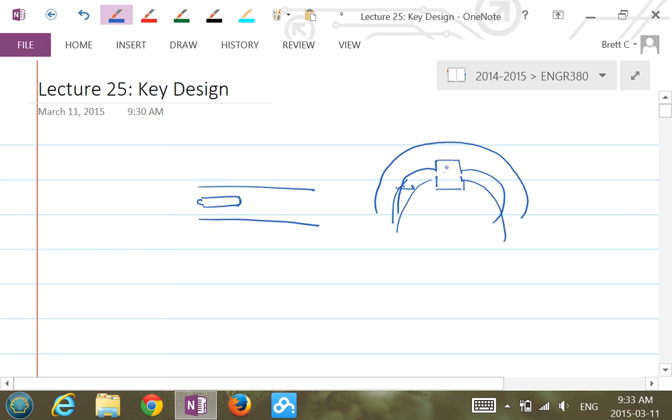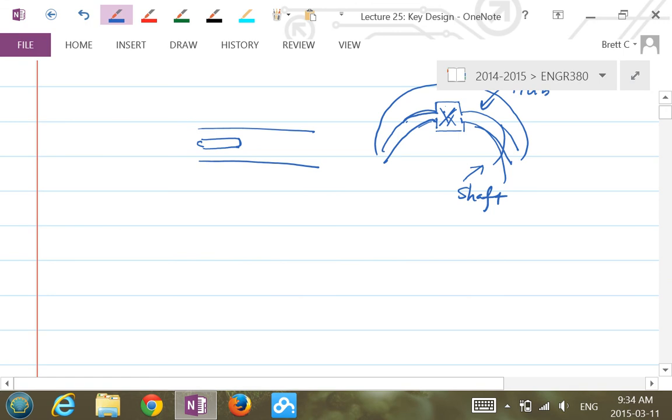So basically the key is sitting right here, and this is the hub, and this is the shaft, right? There shouldn't be that much of a space between, but anyway.